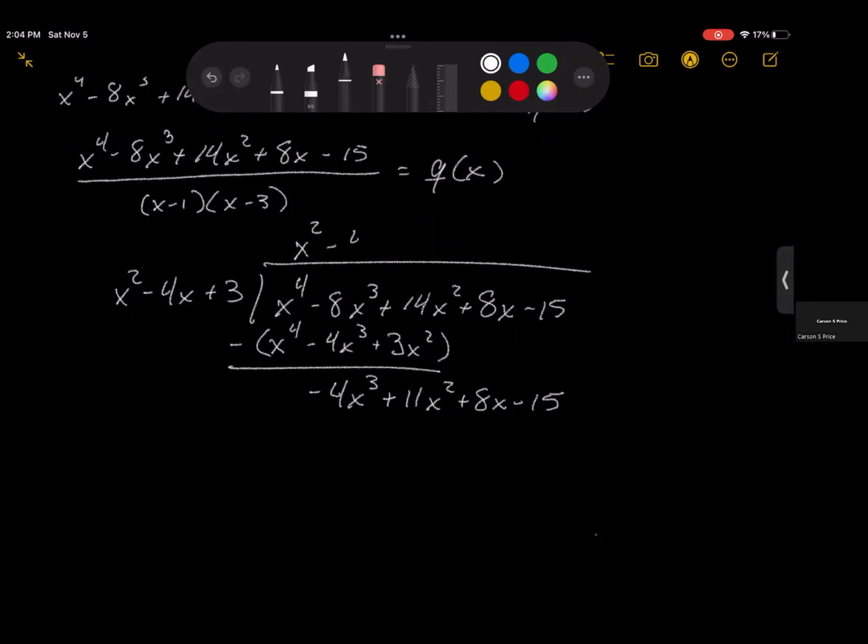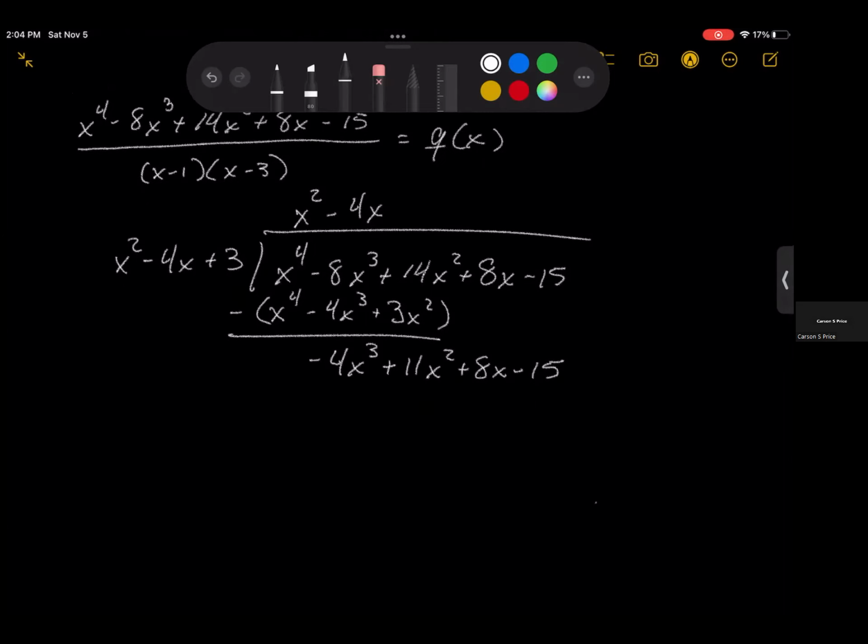I need a minus 4x. And minus 4x times x squared gives me minus 4x cubed. Minus 4x times the minus 4x gives me a plus 16x squared. Minus 4x times 3 gives me a minus 12x. Wrap that in parentheses. Subtract.